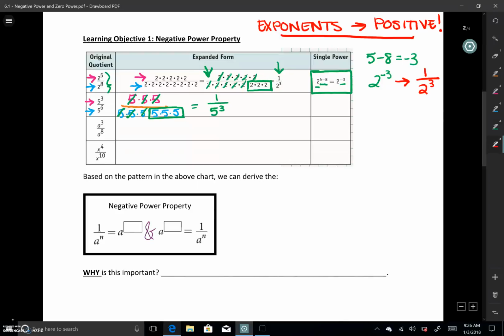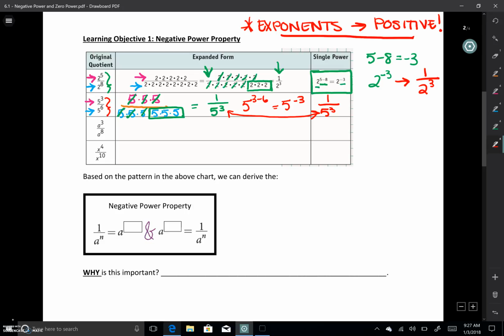If, however, I do it by quotient of powers, I see that here my bases are the same. So I'm going to do 5 to the 3 minus 6th power. That gives me 5 to the -3rd power. And again, since I want a positive exponent, I'm going to write the reciprocal as 1 over 5 cubed. And so you see here the answers are actually the same. The important thing is that we want those exponents to be positive. So if I ever get something with a negative exponent, I write the reciprocal.